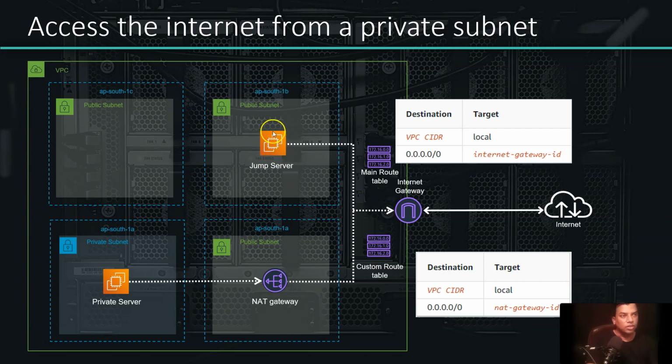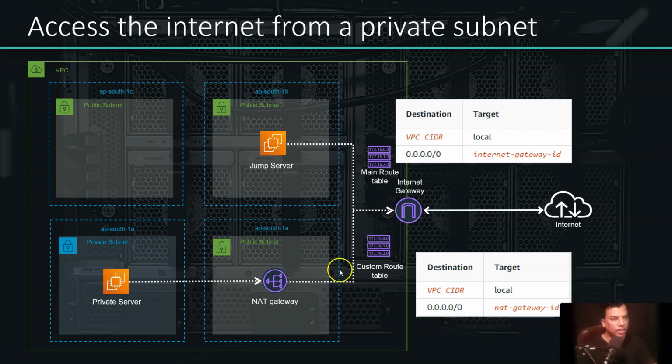It is nothing but an EC2 instance in the public subnet to which you can SSH, and from there you can directly connect to the private server, because you will never be able to access this private server directly from the internet over SSH, as there is no internet gateway attached directly to this private subnet. Since the jump server is in the same VPC as the private server, internally the private server is accessible to the jump server.